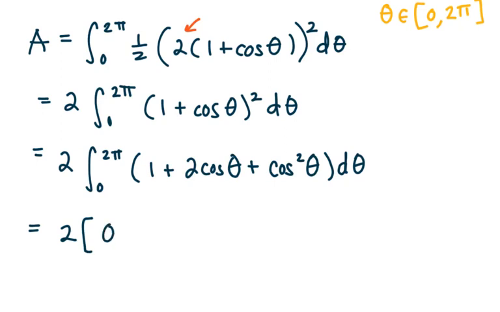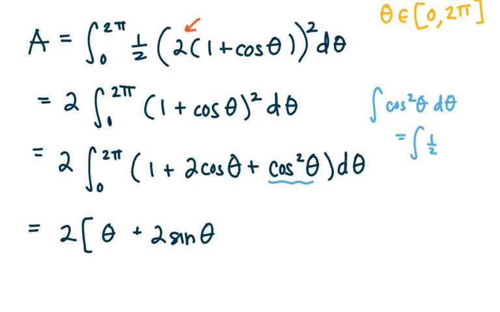And the first two terms here, those are pretty easy for us to integrate. The integral of 1 will become theta. The integral of 2 cosine theta will be 2 sine theta. And for the integral of cosine squared theta, when we're dealing with that, we use a double angle, which is 1/2 times 1 plus cosine 2 theta d theta. So that's going to be 1/2.